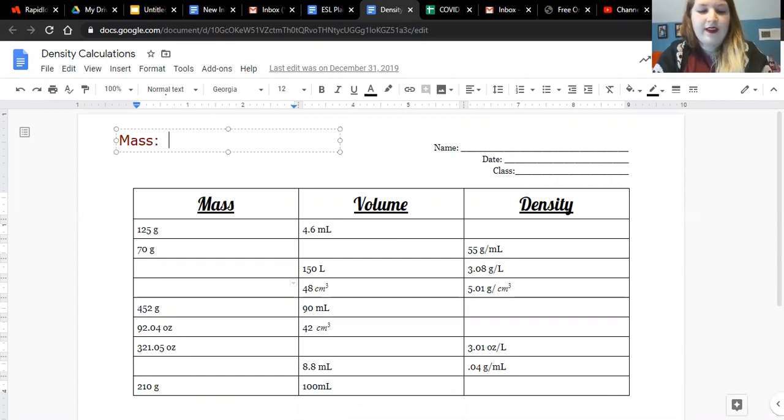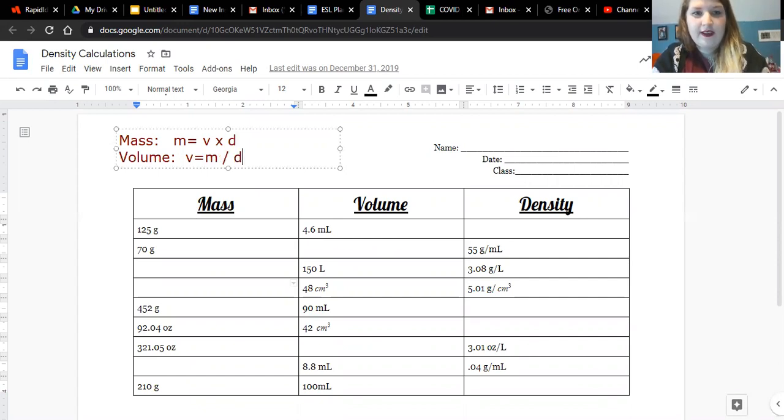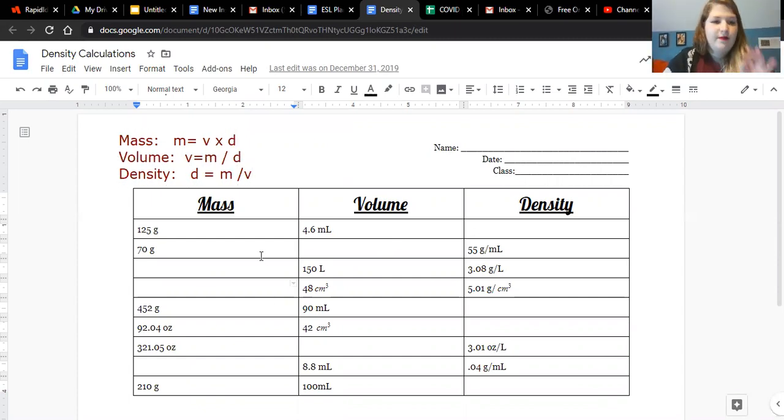So mass equals volume times density. Volume equals mass divided by density, and then density equals mass divided by volume. All right, so let's keep that in mind as we work on this sheet together.